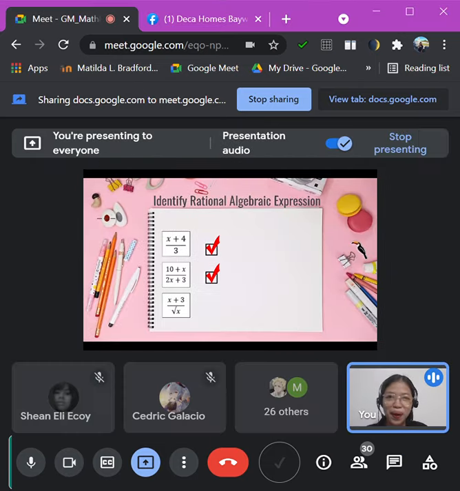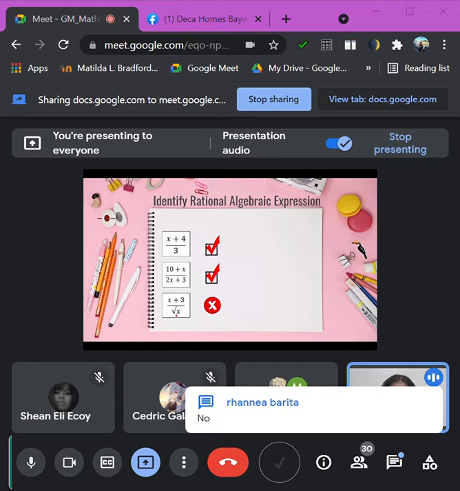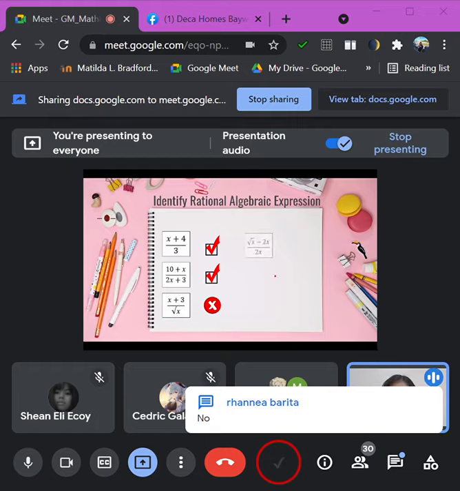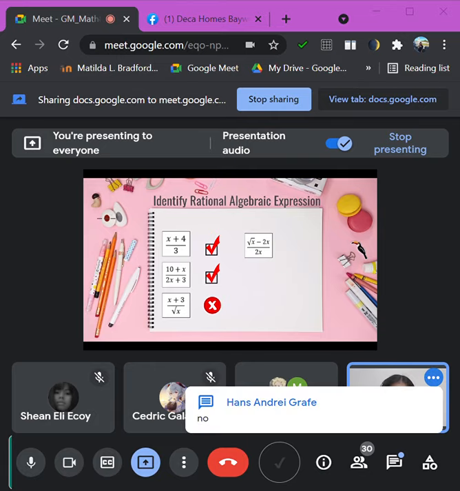Okay, good job. If nag-focus ka sa screen, nakita na ni mga answer ganina. So that is no. Because we have here square root of the variable, which is not a polynomial. Now let's go to the next one. Square root of x minus 2x over 2x.